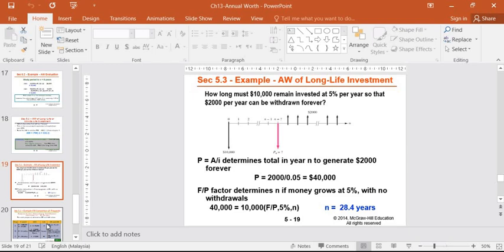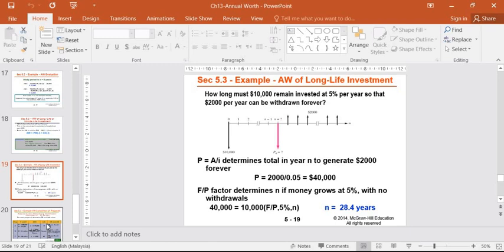P is 4,000, and then we get N. N is 28 years. How long? So if you invest 10,000 for 28 years, you will get 2,000 every year.